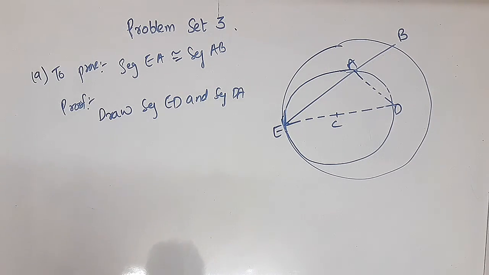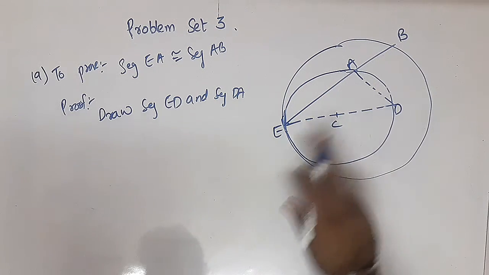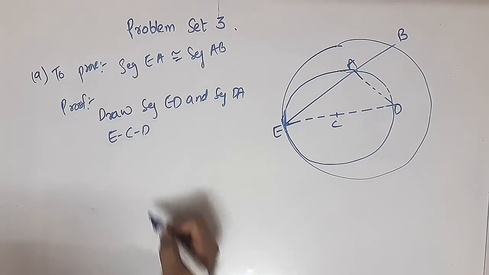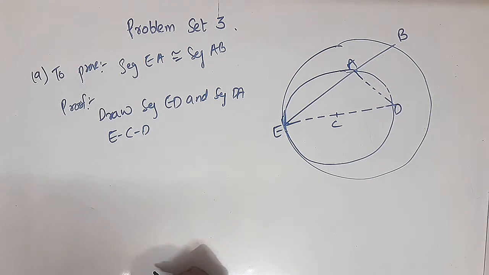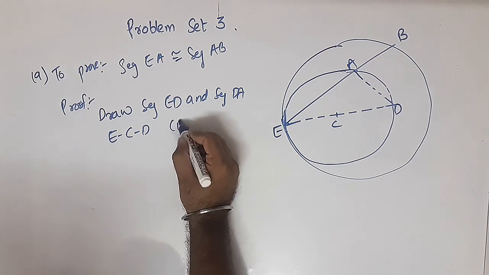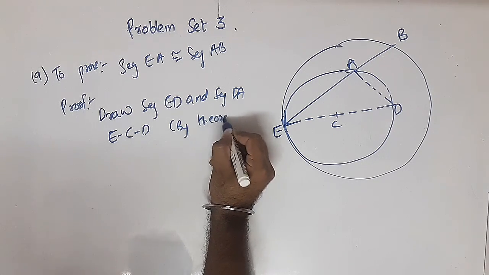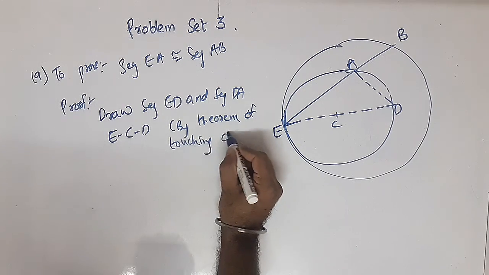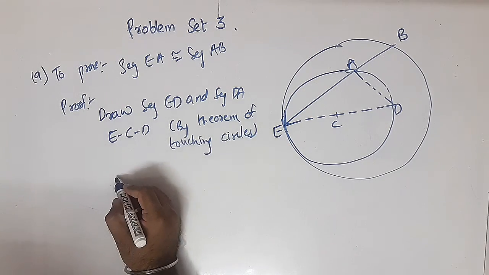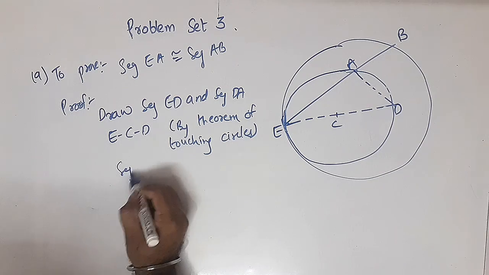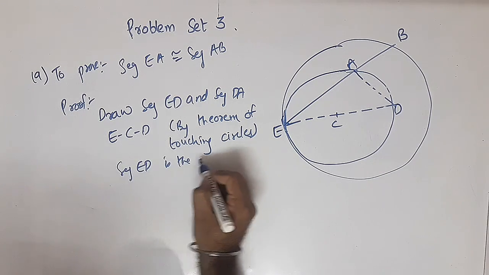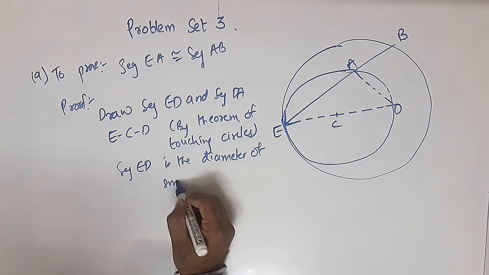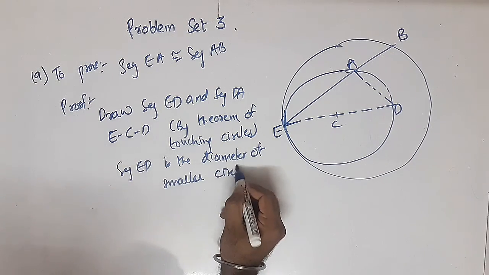Now why I am doing this is, ED becomes your diameter, E-C-D. Now this is by the theorem of touching circles. Seg ED is the diameter of the smaller circle.